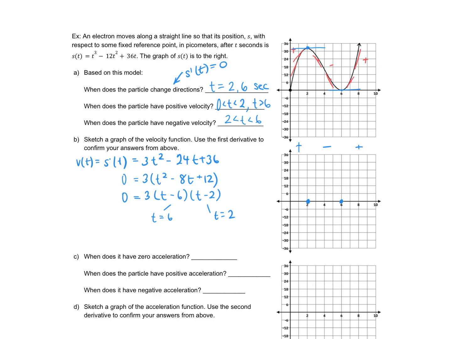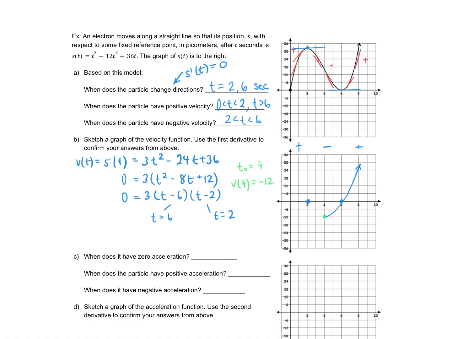And now, if I wanted to graph it a little better, well, I know that the vertex should be halfway between 2 and 6. So the vertex should be at 4. So I'm just going to set t equal to 4 in the velocity function, and I get negative 12. So I'm going to plot that point. Here we are.